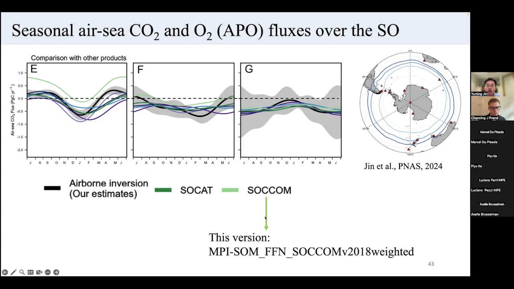I also put the SOCOM version I use here because I was advised there might be other versions that I should use for comparison. So it will be interesting to understand the differences between SOCAT and SOCOM, and also the differences between the airborne estimates and the SOCOM estimates.